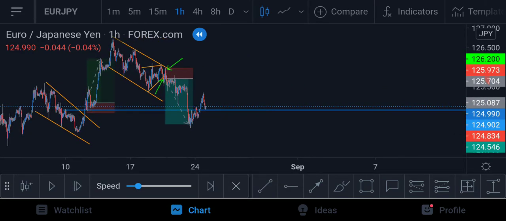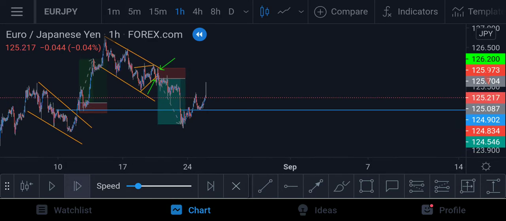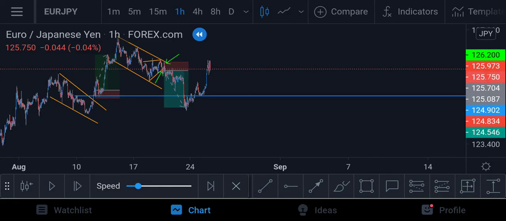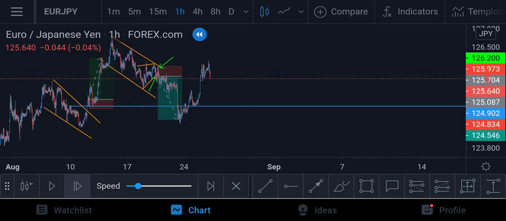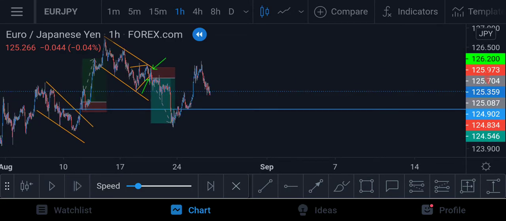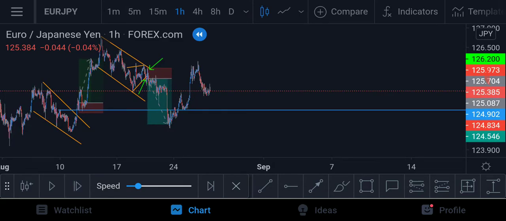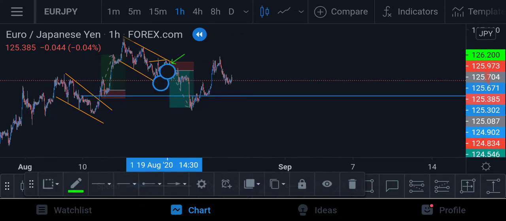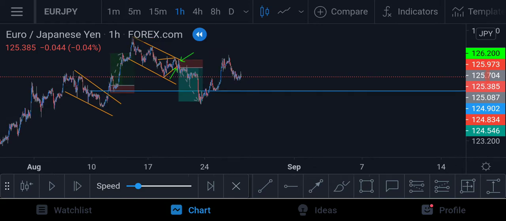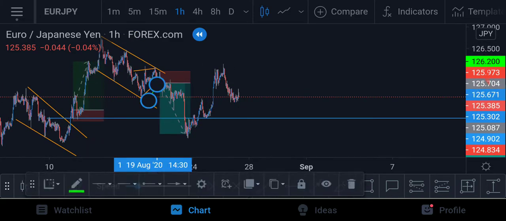For this video I am only trading with the hourly time frame. Price is going up. And as you can see, we have this bigger pattern also, which was a breakout of this.